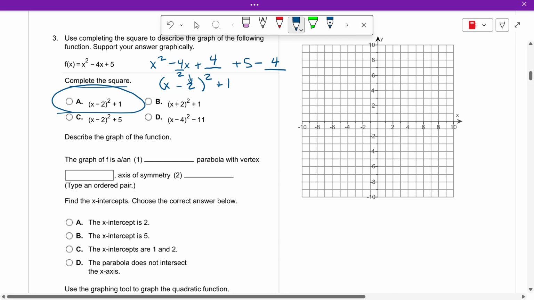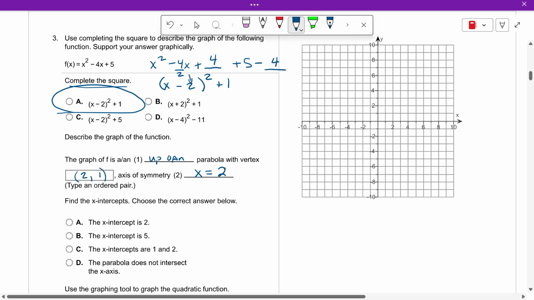All right, so the graph is an upward opening parabola, because this is positive, with a vertex at the opposite of this, same as this, so 2, 1. The axis of symmetry is x equals the x value of the vertex, x equals 2.